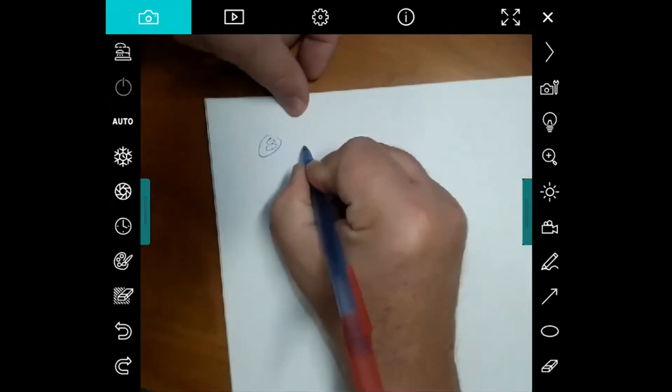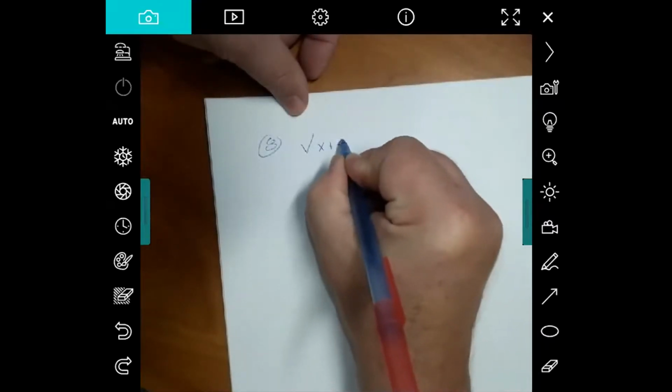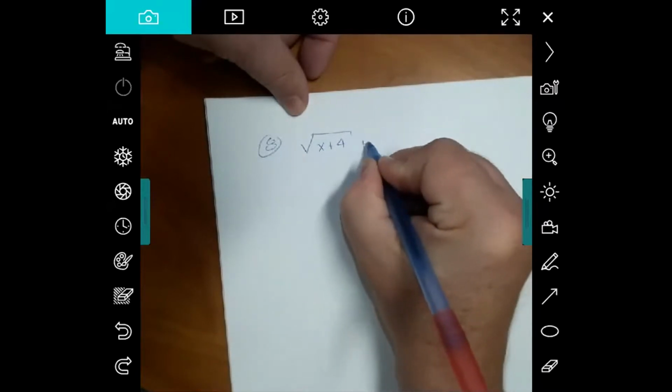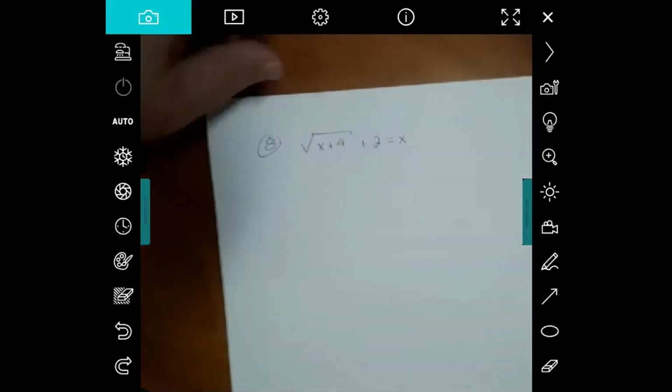Number 8. Square root of x plus 4 plus 2 equals x.